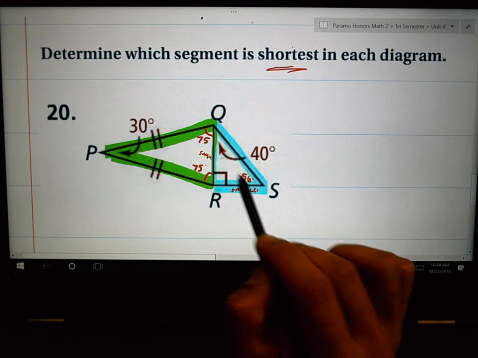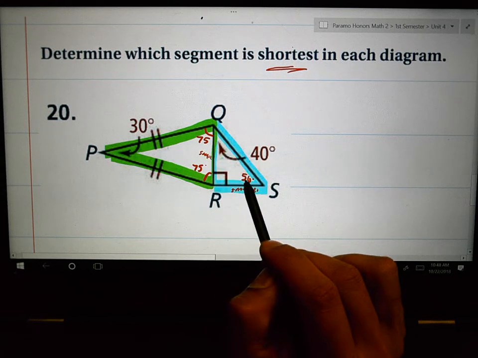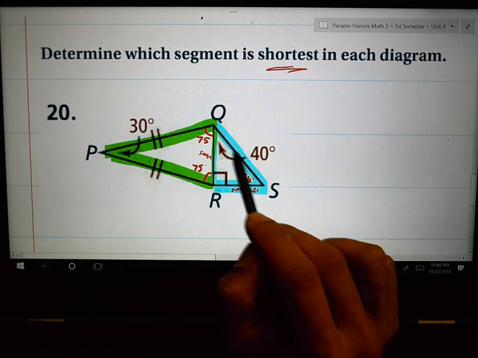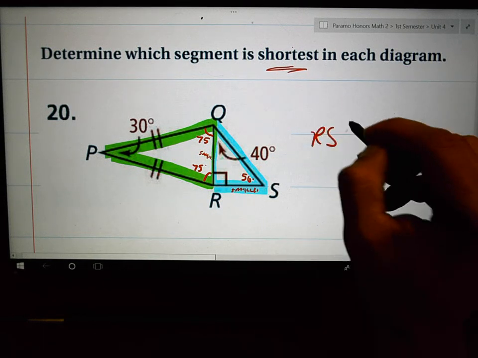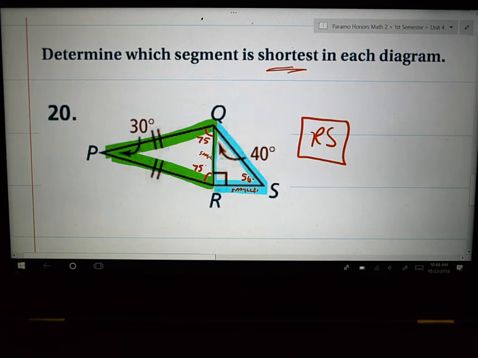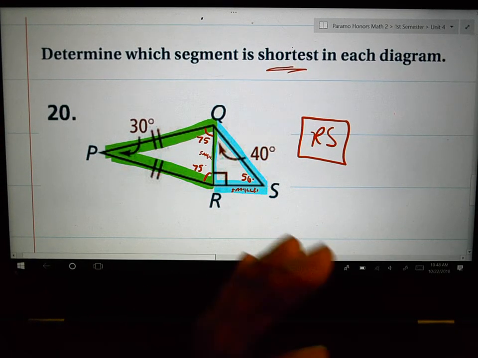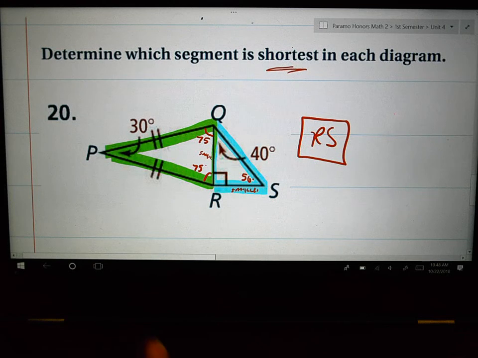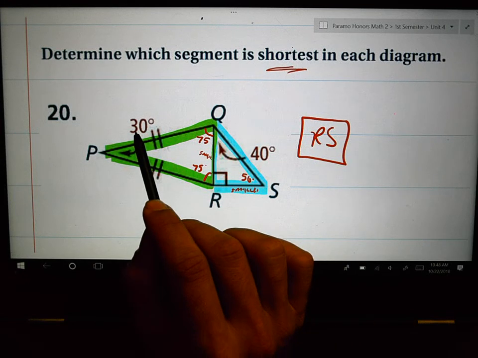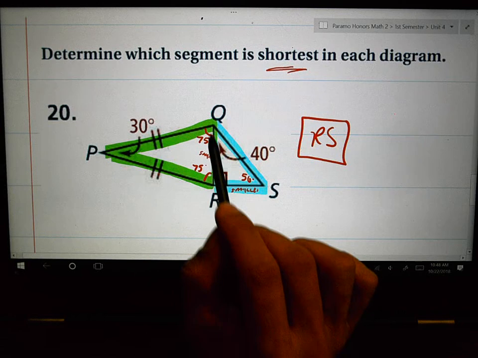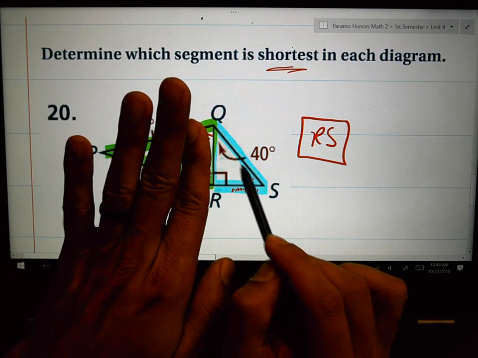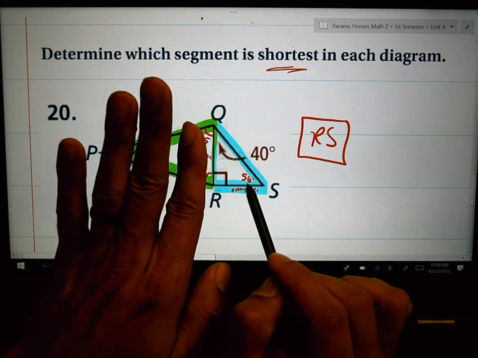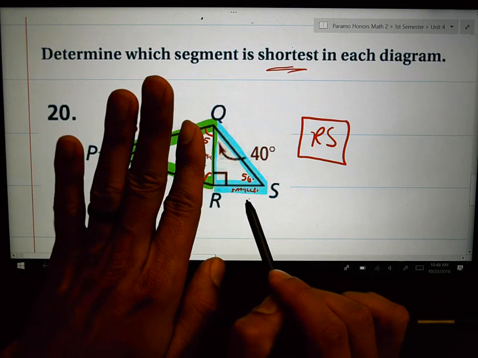Since this is the middle one, and there's something smaller than that angle, then this must mean that RS is the smallest of them all. That's my logic. My logic is to compare, finding the smallest angle and then the smallest side, and then looking in the other triangle, is that the smallest in this triangle as well? If not, then you know that this has to be smaller than that.